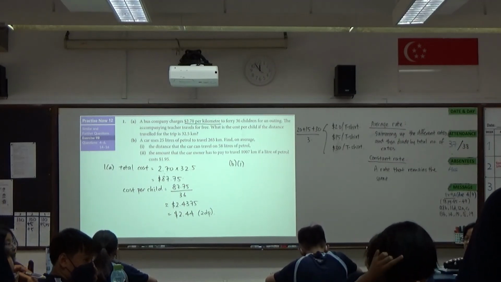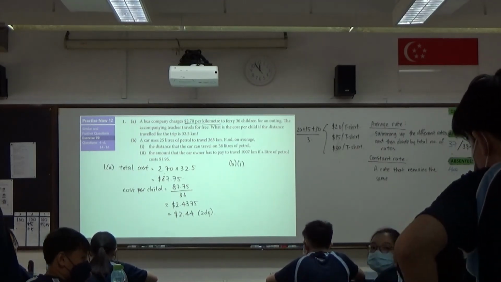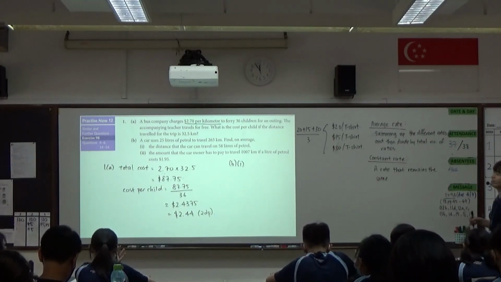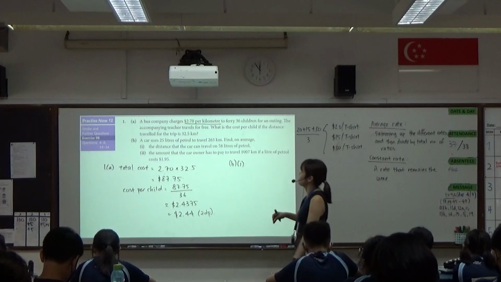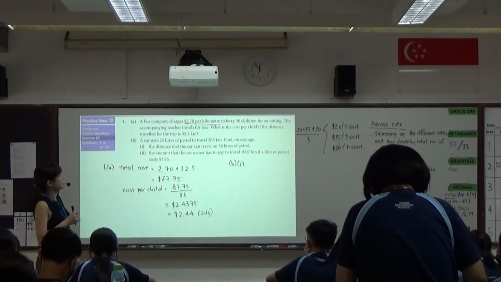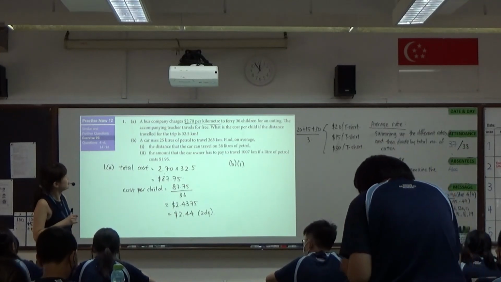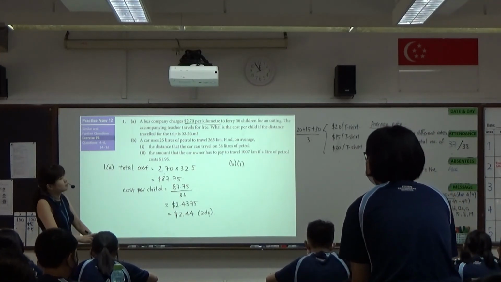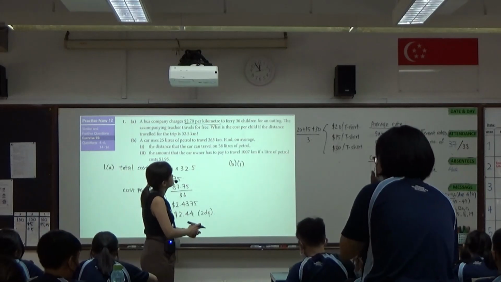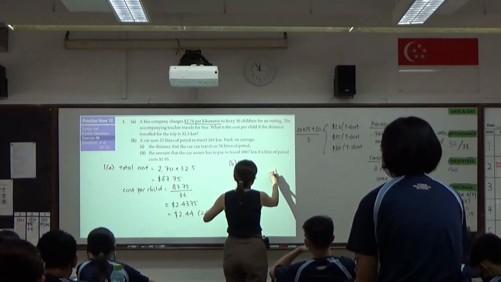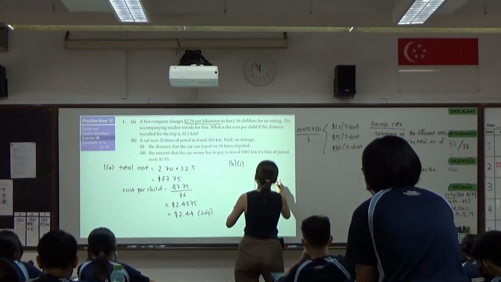Tell me how would you go about finding the distance for 58 liters of petrol? 265 divided by 25.